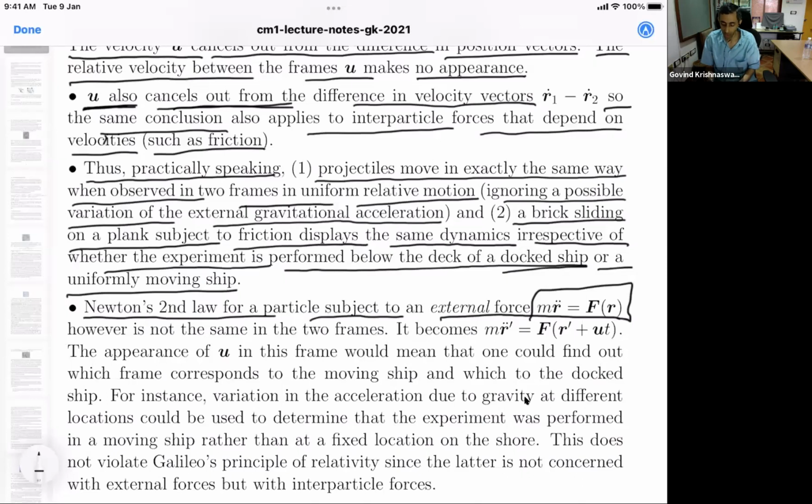This equation of motion is not the same in the two frames. I mean, we did this calculation last time, but my discussion was not proper. So let me do it properly this time. If you rewrite this equation in the primed frame, the acceleration term is unchanged. m r double dot becomes m r prime double dot. But the formula for the force becomes different.